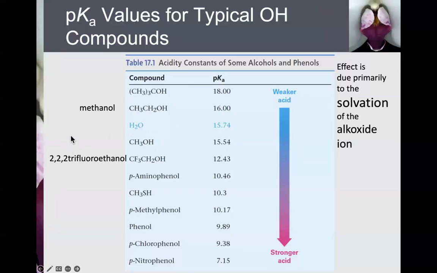So the substituent groups have a significant effect on the acidity of your alcohol. So for example, you have 2,2,2-trifluoroethanol. So it has smaller pKa value. So mas strong acid siya compared sa water, ethanol, and methanol.